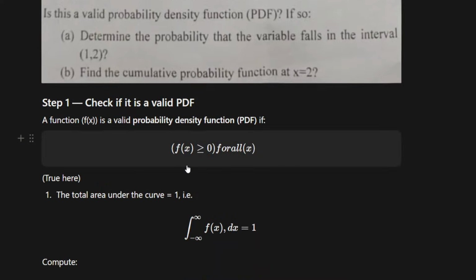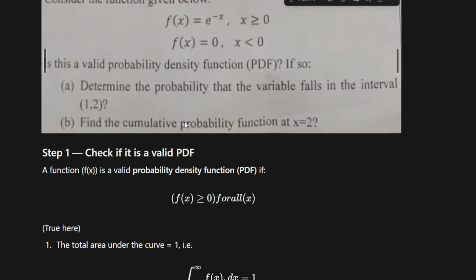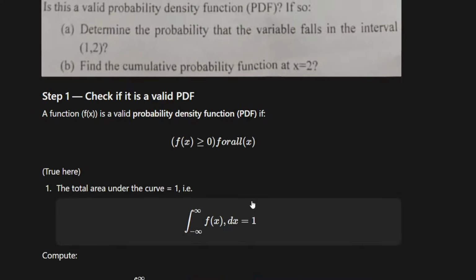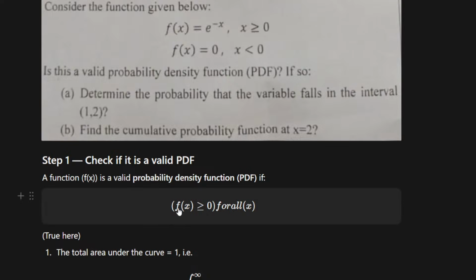For that, we check whether f of x is greater than or equal to 0 for all x. That's the first step. Here it is true because f of x can never become less than 0, so this condition holds true.